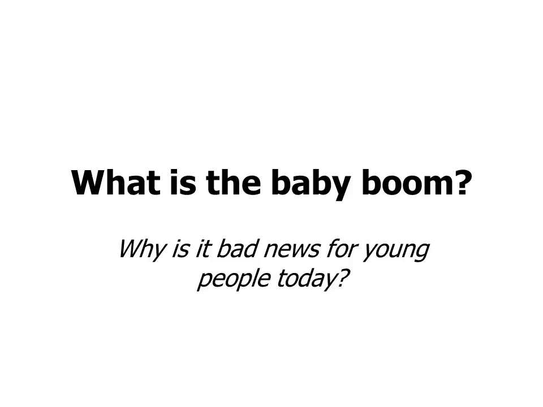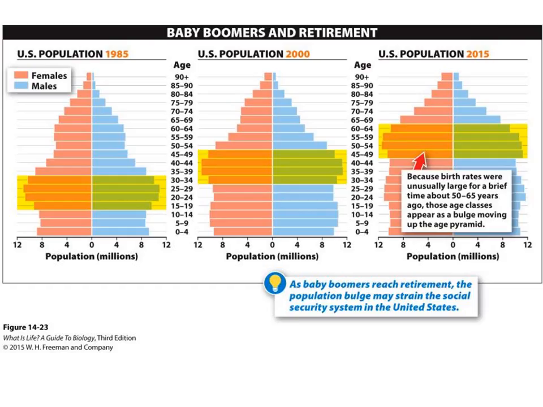Because when you have a large population of people that are older and a relatively smaller population of younger people that are working and paying taxes, you can see how there's issues. And so there's a lot of underpinnings of these age pyramids with economics and politics.